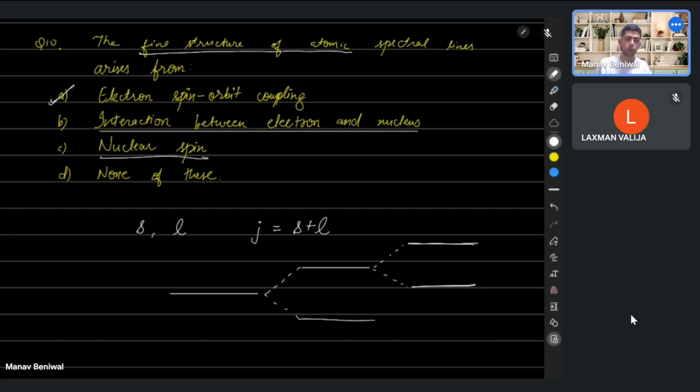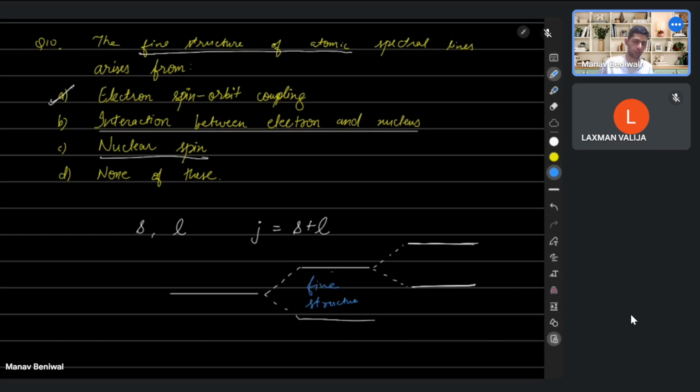Do you know what this further splitting is called? This one was fine structure, and now each fine structure is split further. It has a name which is very similar to fine structure.